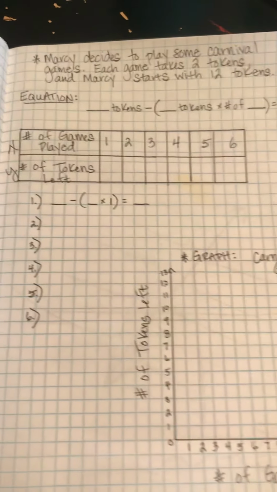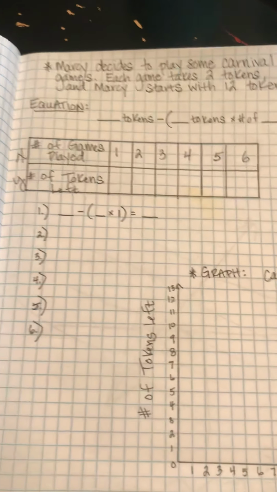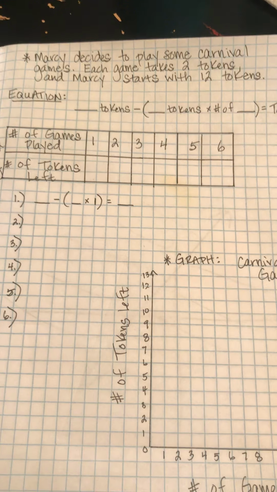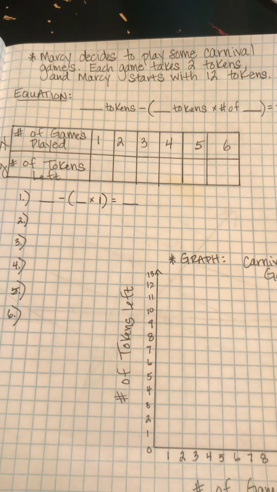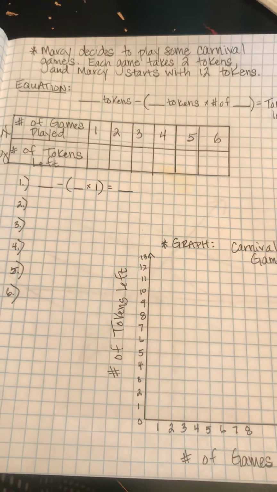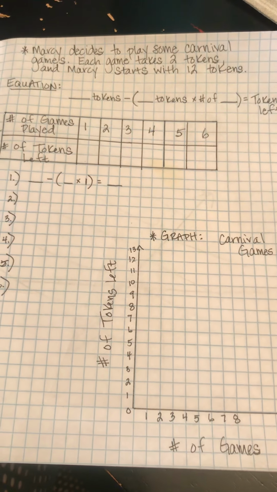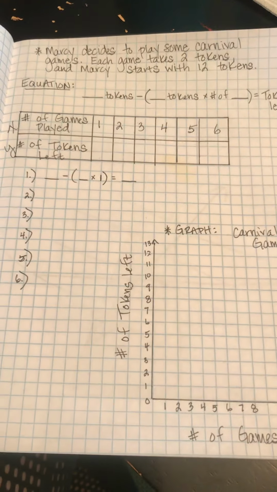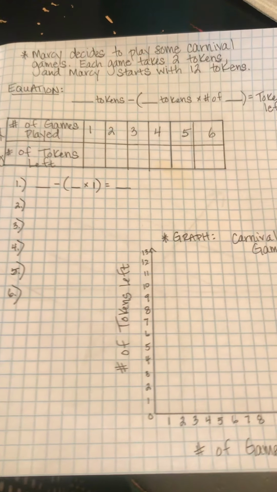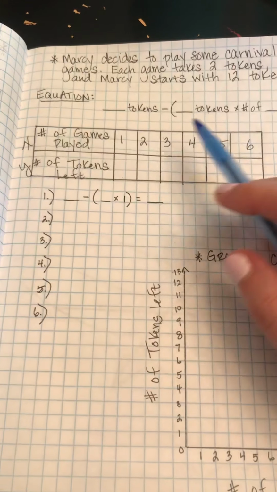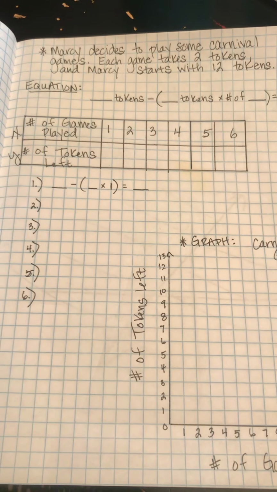We are still at the carnival, and this time we decided we're going to play some games. So each game takes 2 tokens, and Marcy starts with 12 tokens. So she wants to know how many games she is going to be able to play before she runs out of tokens. So what we're going to do is think about an equation for this. How many tokens did she start with?